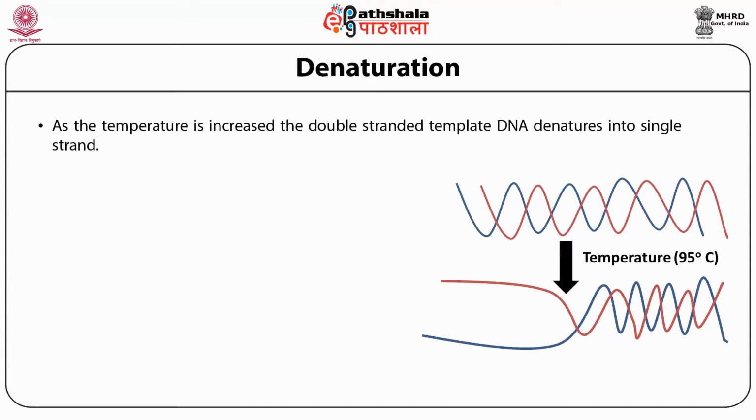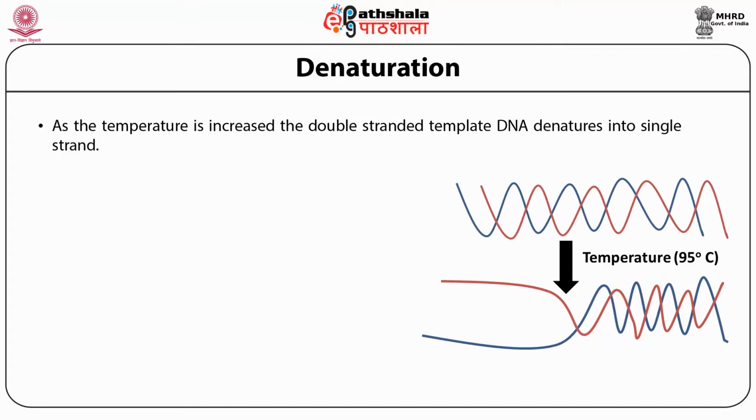Denaturation step is the first regular step of the PCR reaction and consists of heating the reaction mixture containing the template DNA to a temperature around 94 to 98 degrees for 20 to 30 seconds.